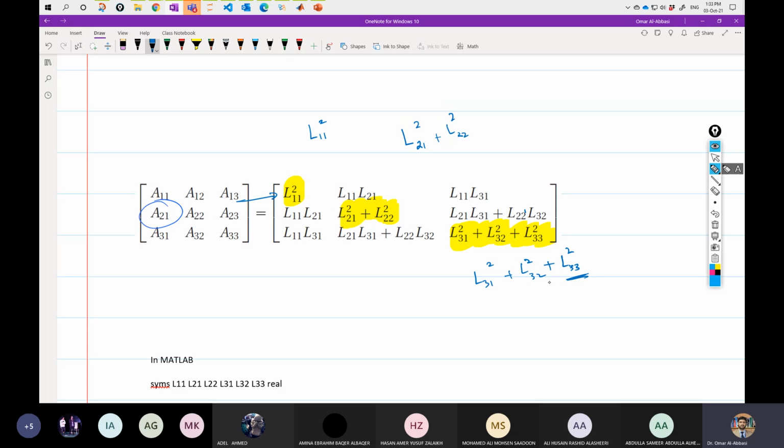Can you see that you always start with the row number, let's say row i, Li1 squared plus Li2 squared plus Li3 squared until you hit Lii squared? Can you see that this is what's happening?